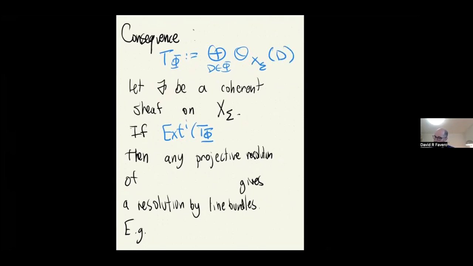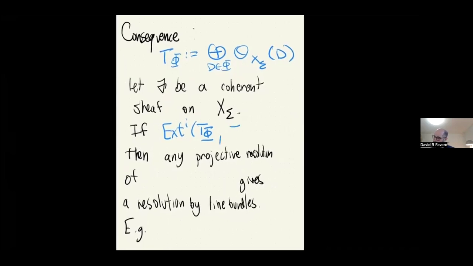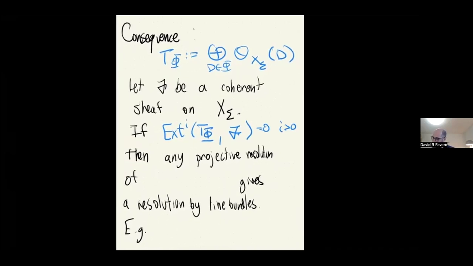So if there are no higher Ext from these line bundles to your sheaf, then any projective resolution of this module, so my functor starts with the sheaf and outputs this module by assumption, gives a resolution by line bundles of this coherent sheaf.